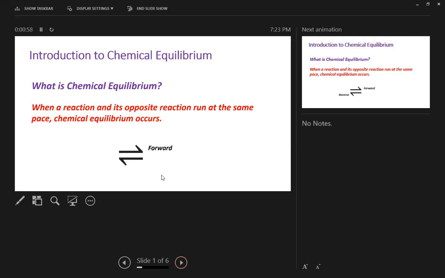What does it represent? You can see the notation here showing it going in the forward direction as well as the reverse direction at the same time. When this happens, one can say chemical equilibrium has been established.